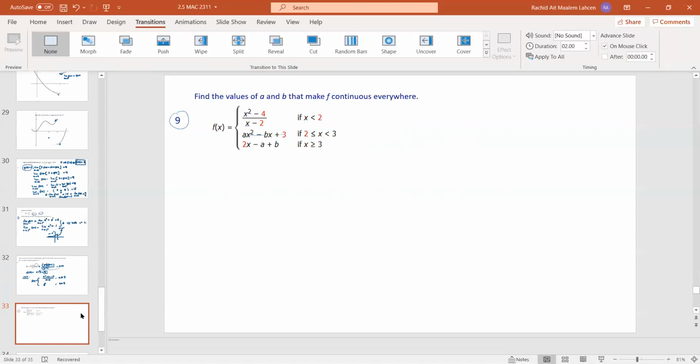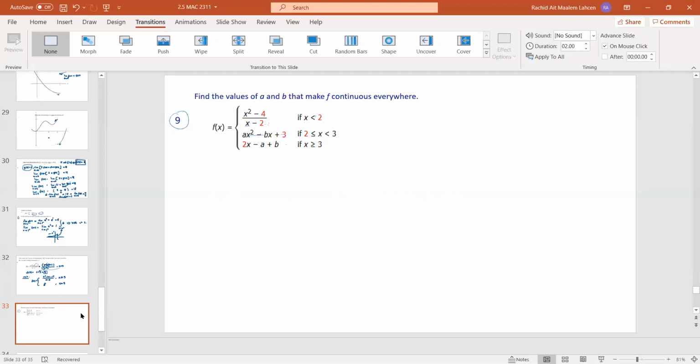This x minus 2 breaks at x equal 2, but we need to make sure that it is defined at x equal 2, right? So that's a few things. If we can connect these 3 pieces, then we will find the values of A and B that will make this function continuous everywhere.